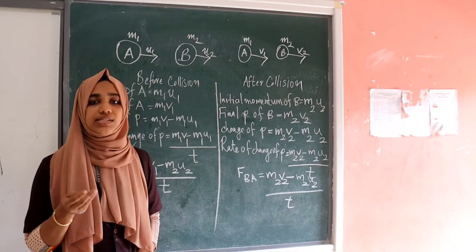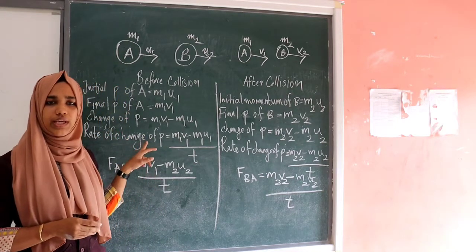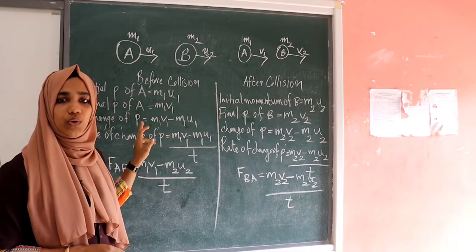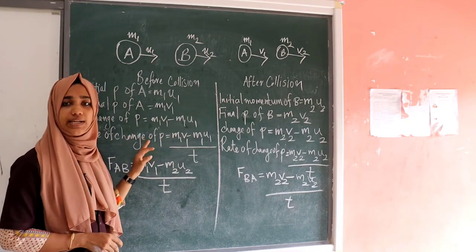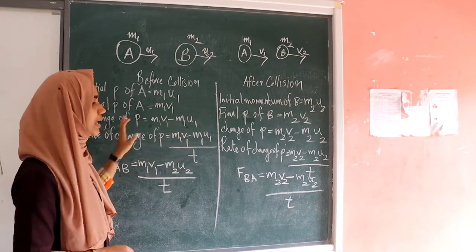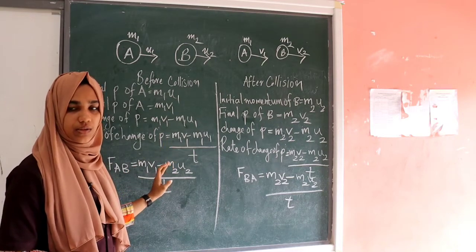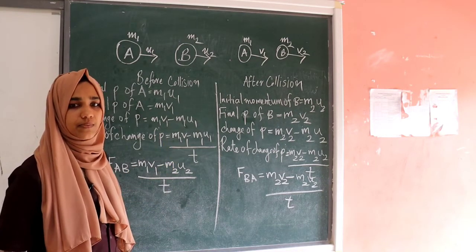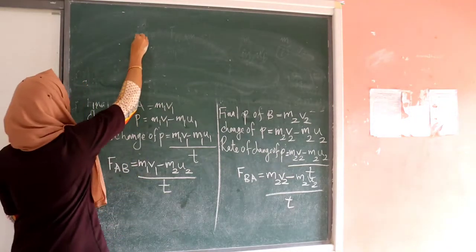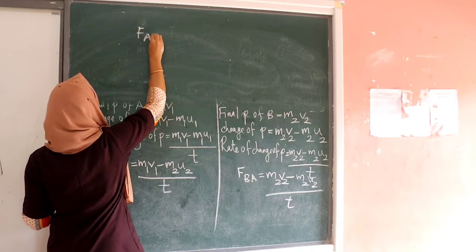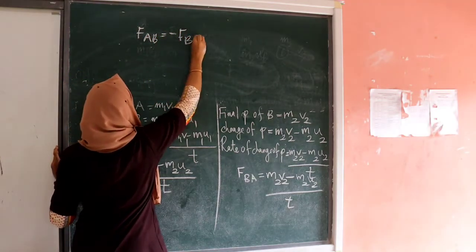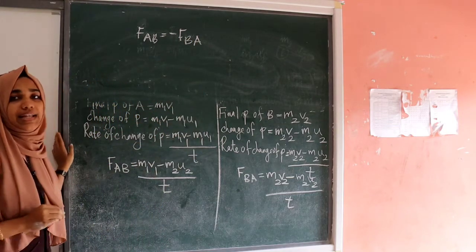So here the force exerted by A on B is equal to the force exerted by B on A. So there is action and reaction here, in different directions. So we can write FAB equal to minus FBA. This we studied in the last class.